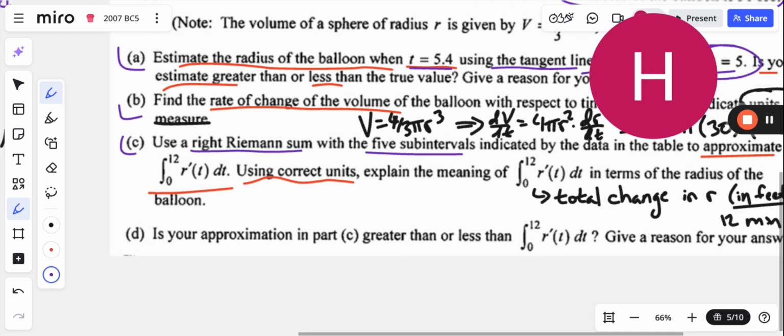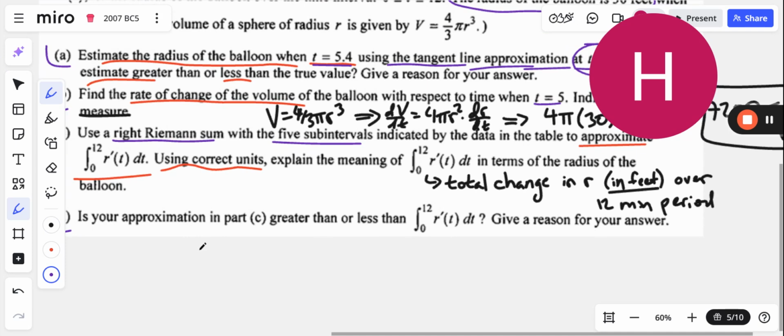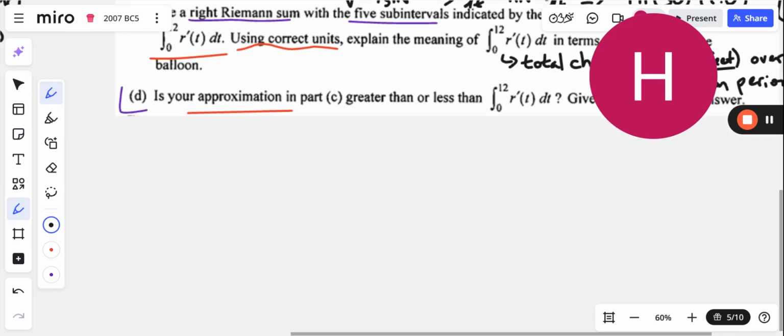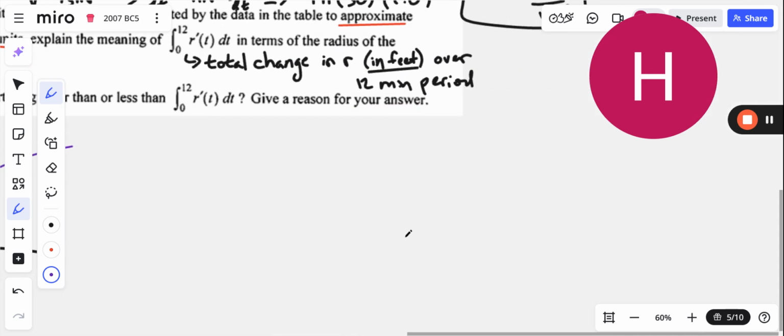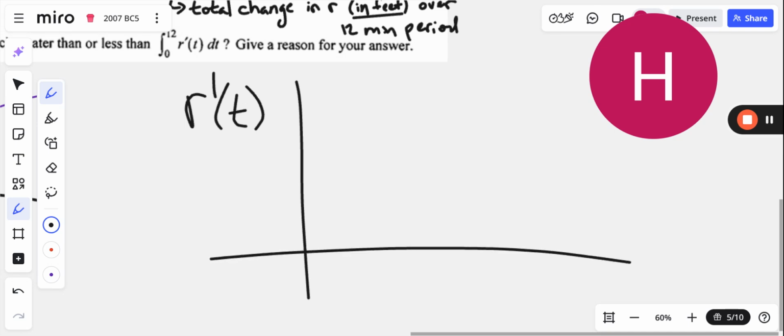Part D. Okay, another question about this greater than or less than the true value. Is your approximation greater or less? That's a good question. Well, for r, we know that r was concave down. But we were adding up rectangles with r prime to approximate the change in r.